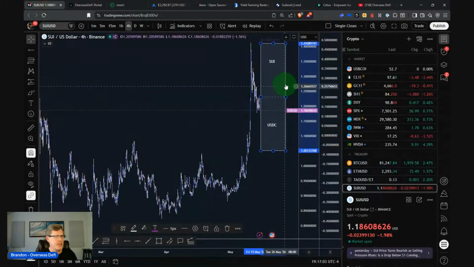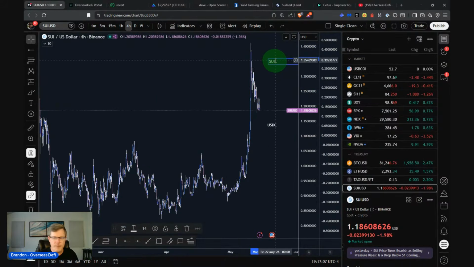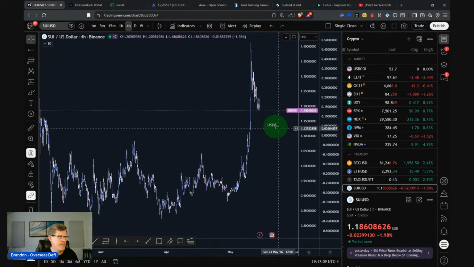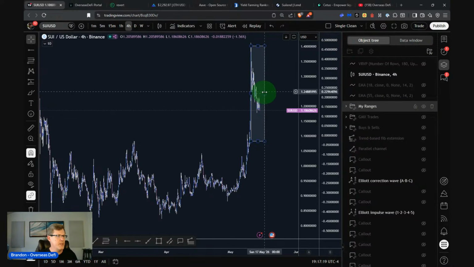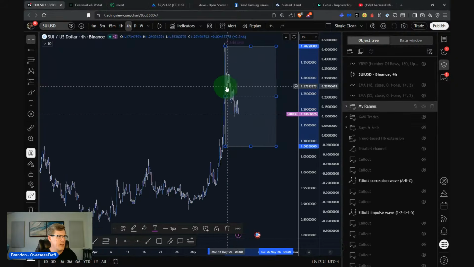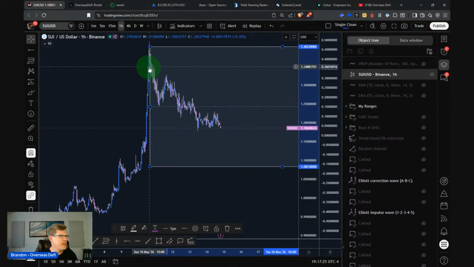Let me delete some of these extra drawings and turn on my ranges. So there's my range. I guess it hasn't been several days. Started this on Sunday. Okay.